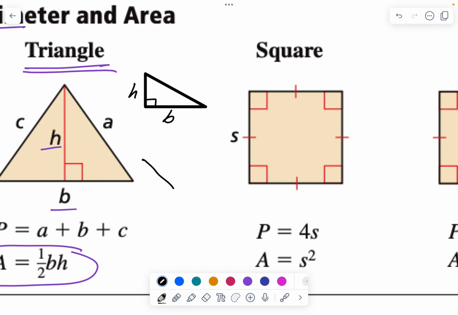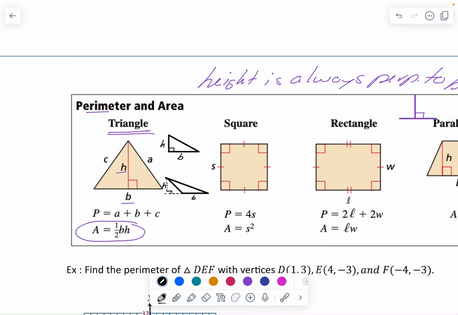Or we could even have an obtuse triangle, where in this case this is the base, but the height is again straight down from the vertex to where it would meet the base. That would be the height. Sometimes it's outside the triangle. Sometimes it's a side of the triangle, like in a right triangle, or sometimes inside.